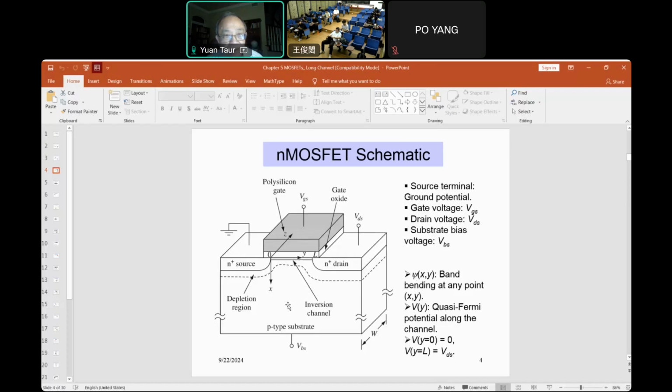Now we need to find a model that expresses the current from the source to drain as a function of gate voltage and the drain voltage. We call this, by the way, MOSFET: metal oxide semiconductor field effect transistor. Field effect because the transistor works due to the field in the oxide between the gate and the silicon.